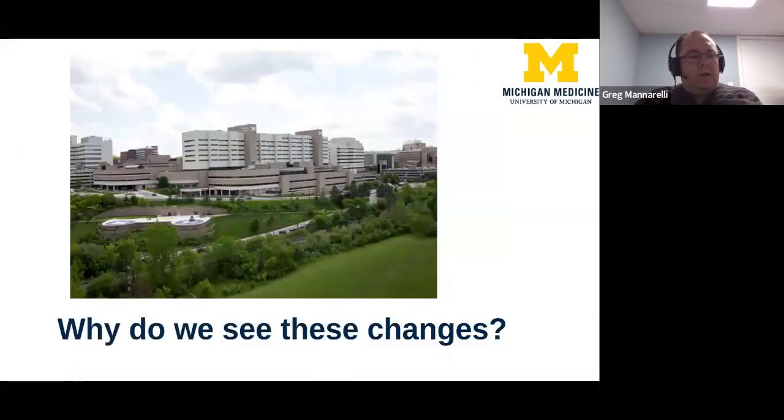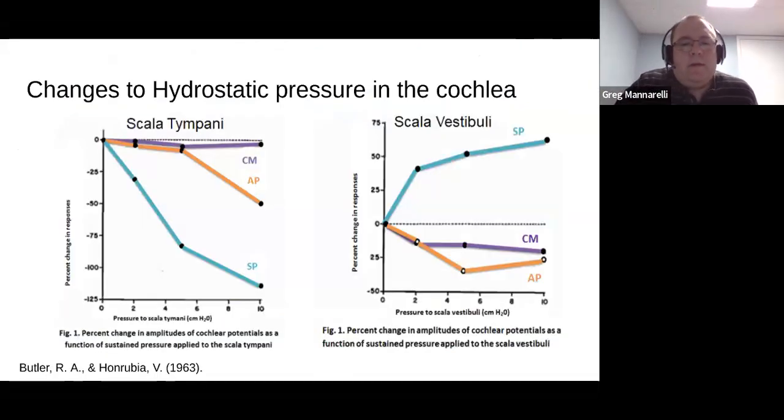So I just wanted to talk, let me see how much time we have left here. I've got plenty of time. I wanted to talk a little bit about why we think we see these changes. I find this a little bit interesting. So this study, Butler and Honrubia, goes way back to the 60s, and they mapped out changes to hydrostatic pressure in the cochlea.